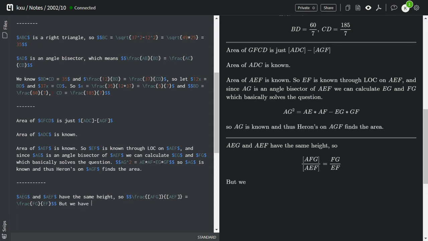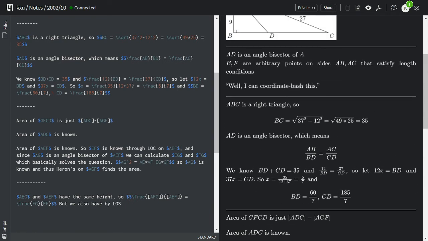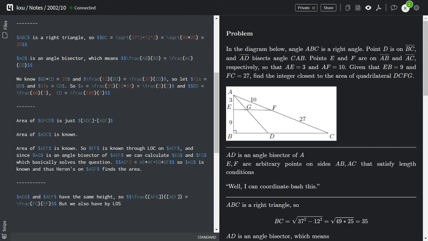But we also have, by the law of sines, because sine of AGE is equal to sine of AGF, and because AG is an angle bisector, we have the unique property that AE, which corresponds to the angle of AGE, over AF, which corresponds to the sine of the same angle, so the sines are equal, is equal to EG over GF.